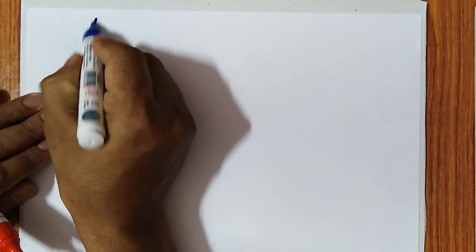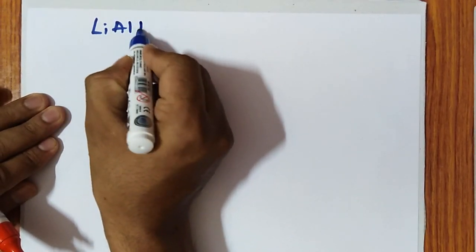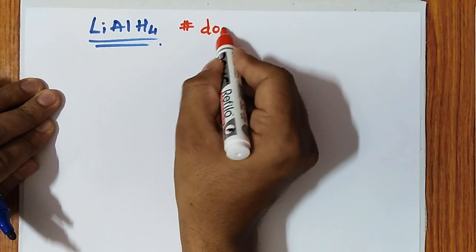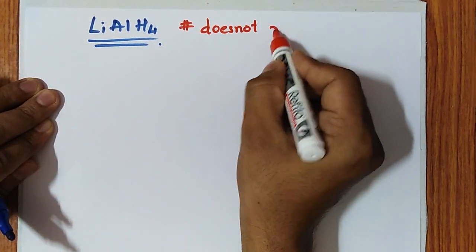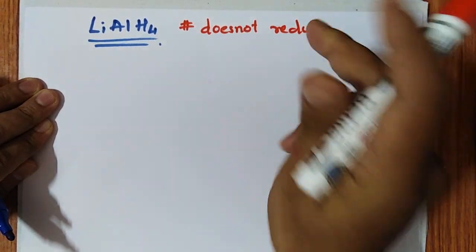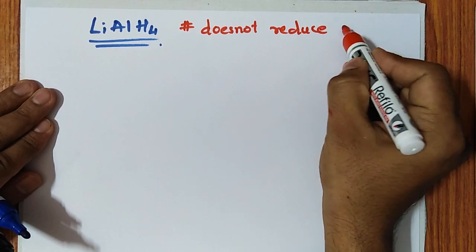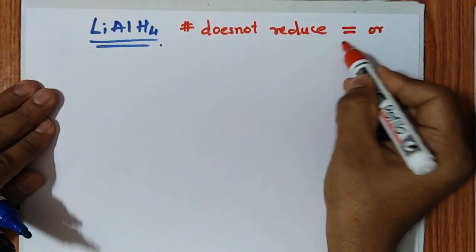So lithium aluminum hydride, LiAlH4, very important reagent in organic chemistry. Some important points: point to be noted, remember, it does not reduce double bond or triple bond.